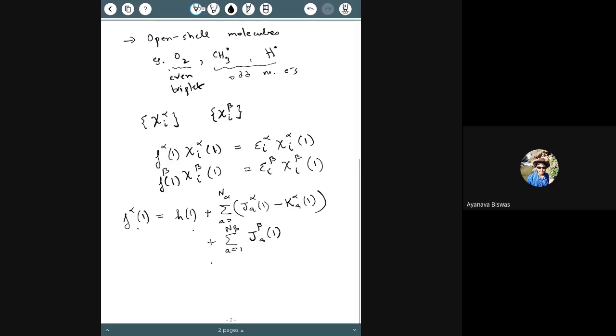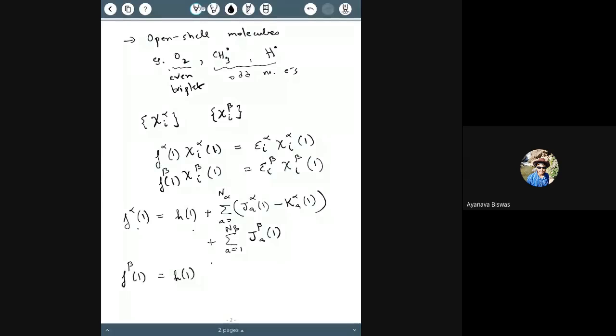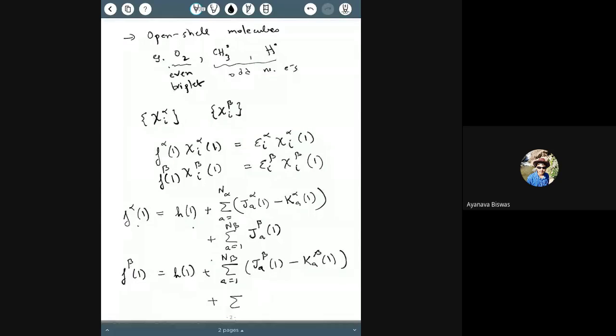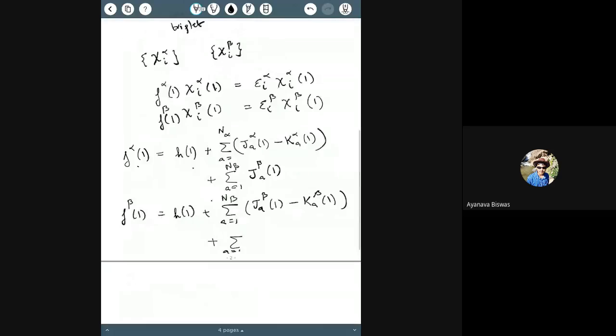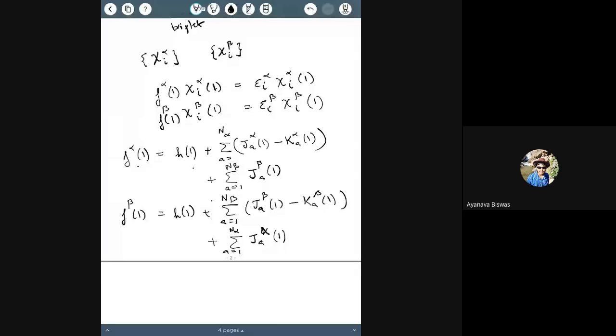Similarly, I can write the F beta, and here this will be N beta, with which you have both Coulomb and exchange, and the beta electron can only have Coulomb interactions with the alpha electron. Okay. Fine. So that's it for the Fock operator.